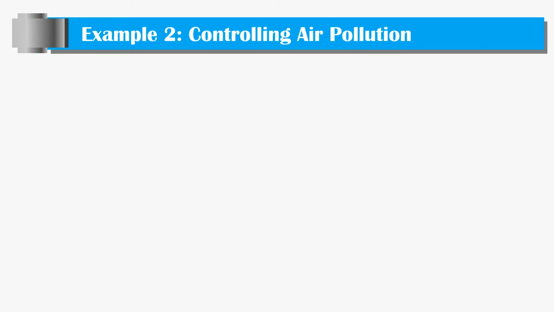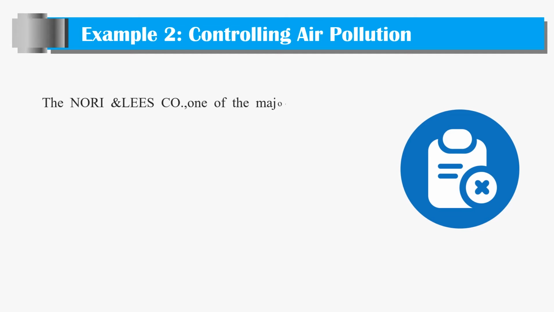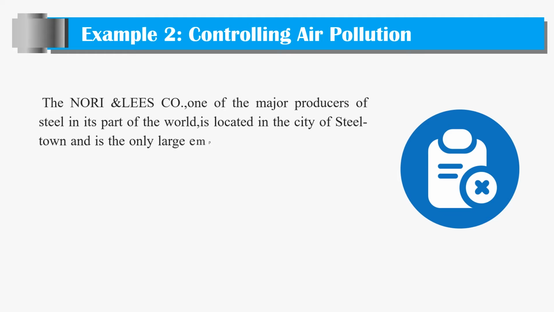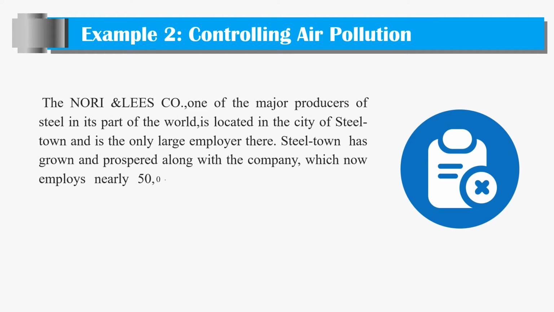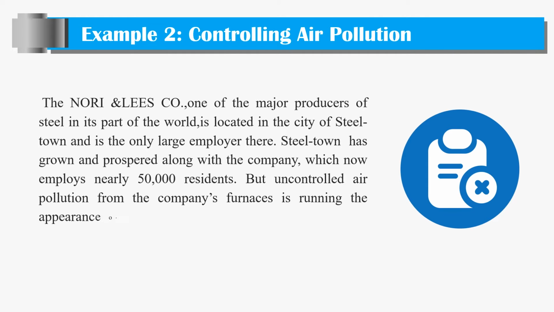Now we see example 2, controlling air pollution. The Nori Steel Corporation, one of the major producers of steel in its part of the world, is located in the city of Amsterdam and is the only large employer there.